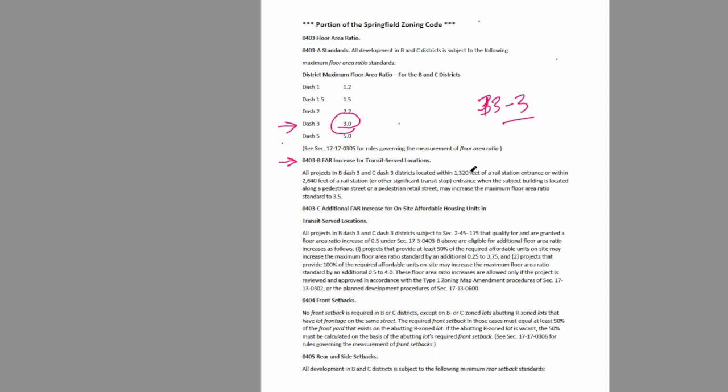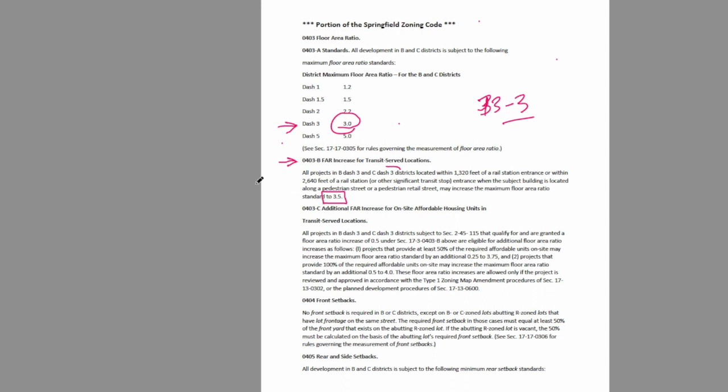And so it has within 2,640 feet, if you're within a transit-served location, and you are a dash 3, there's the dash 3 part right there, you can raise it up to a 3.5.